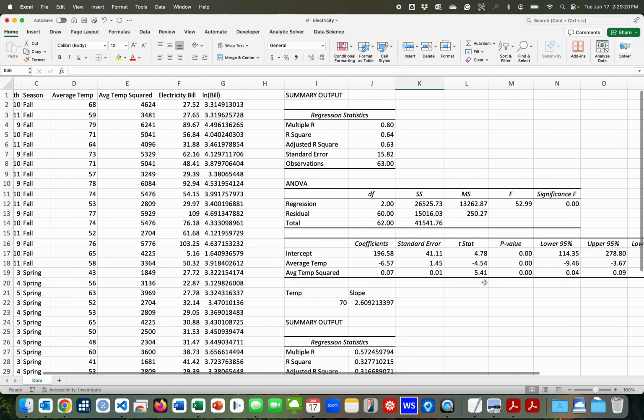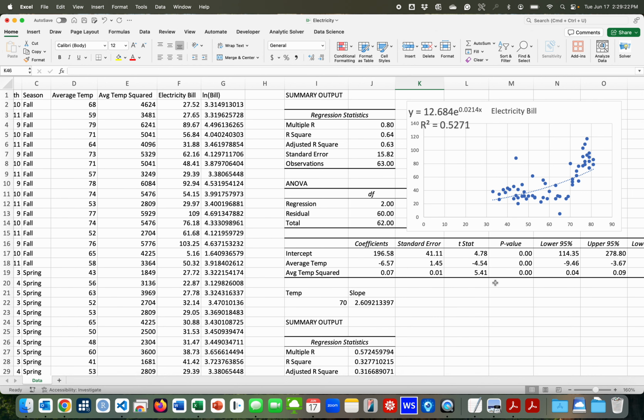But notice that always assumes an increasing relationship. It always assumes that if it gets warmer, the electricity bill goes up, and that may not be perfectly consistent with the data that we're observing, because we do see a slight decrease here, and then an increase over here when it's above 70 degrees.